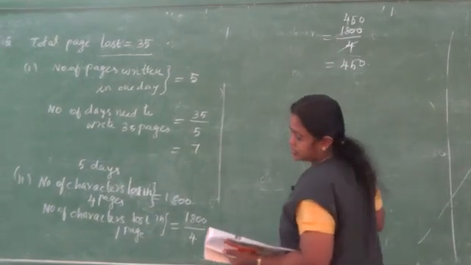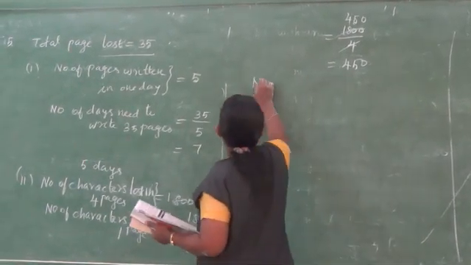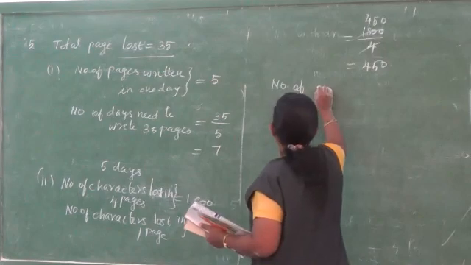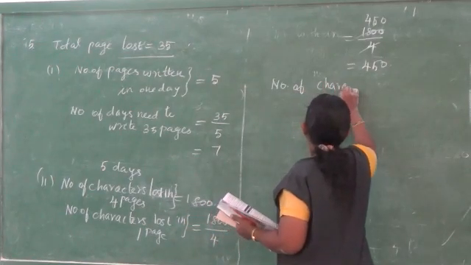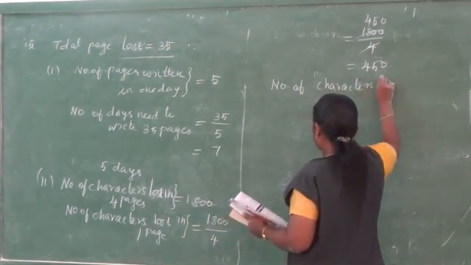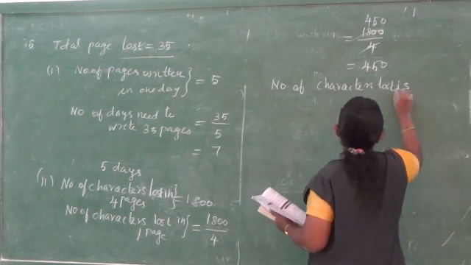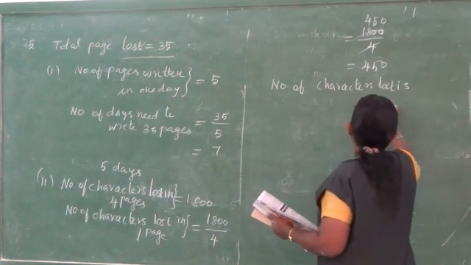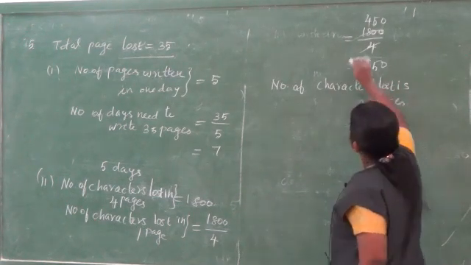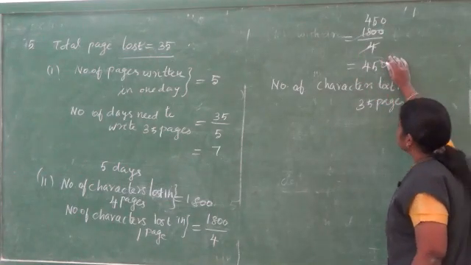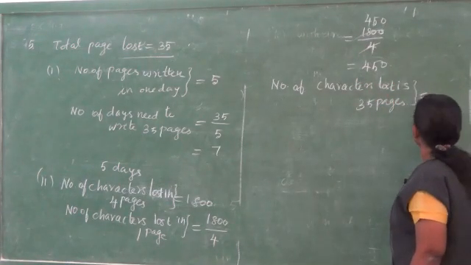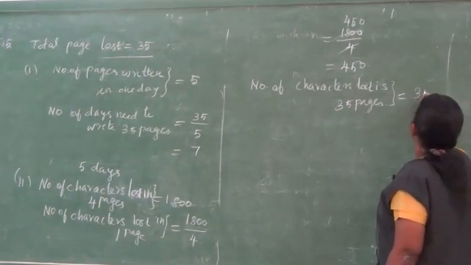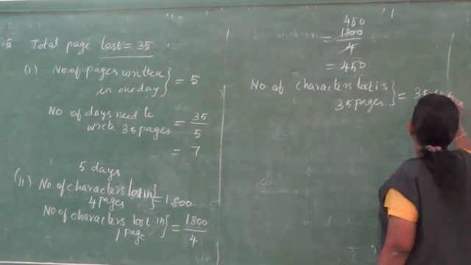Total pages for us, 35 pages. So the number of characters lost in 35 pages. First we used division. Now we are going to use multiplication. So 35 into 450.